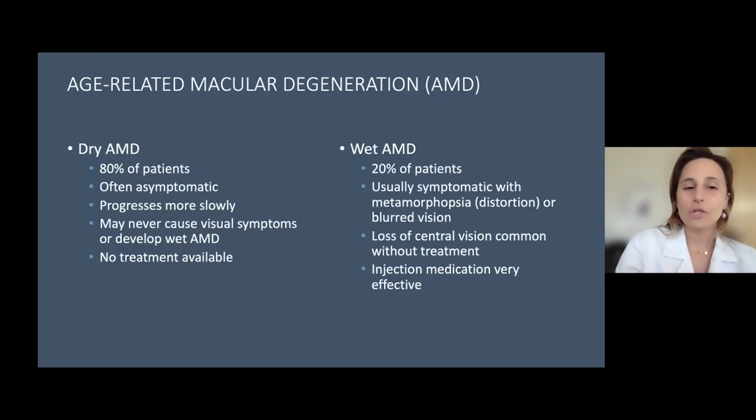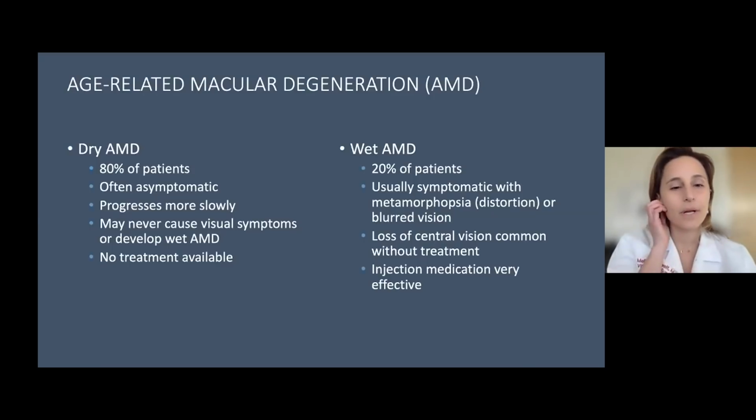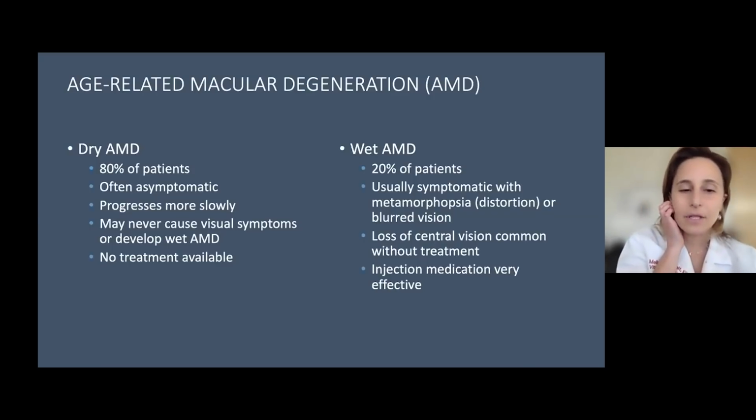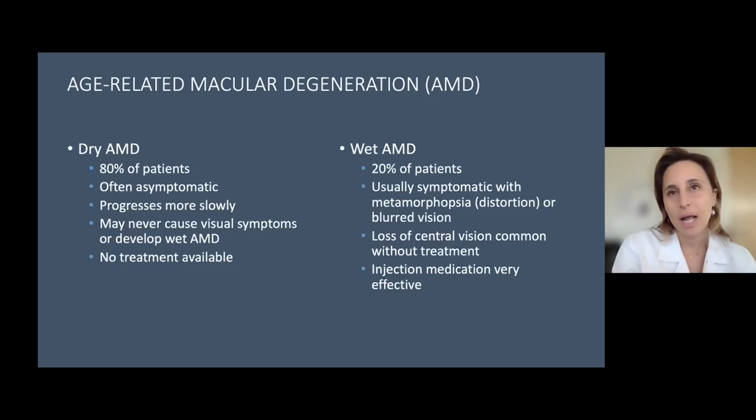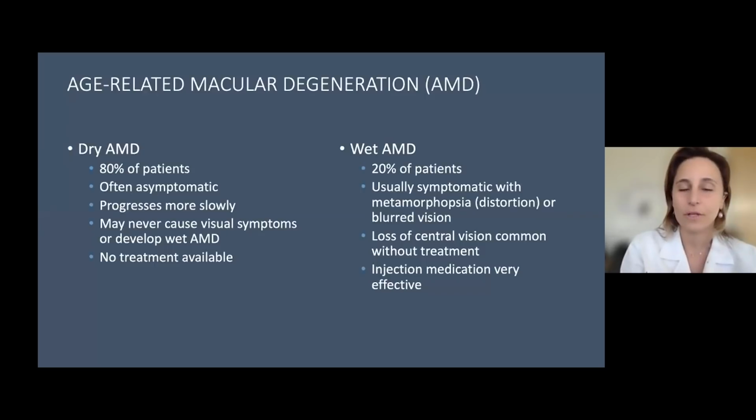There's currently no specific treatment available, although there are many ongoing clinical trials, some which have been quite promising, and there's a lot of thought in the retinal community that there will be specific treatments for dry macular degeneration that are available within the next few years, hopefully.